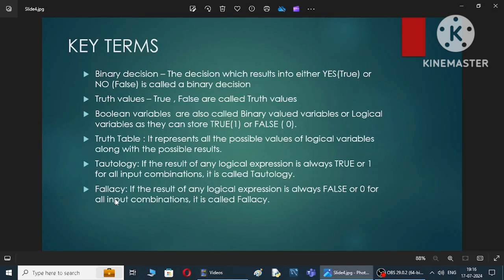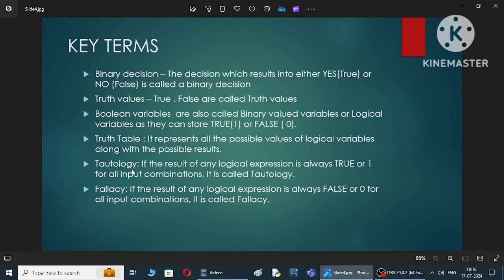And two other important terminologies, tautology and fallacy. What do you mean by tautology? When you are given a logical expression, say for example, x and y or z. This is a logical expression. If the logical expression gives the answer as 1 for all inputs, suppose you have 8 inputs, 4 inputs, or 16 inputs, and all the inputs result in 1, then that expression is called a tautology.